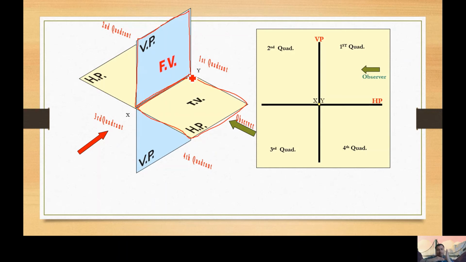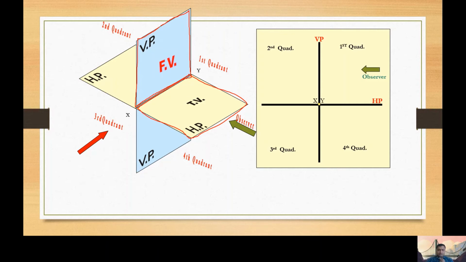But as far as drawing is concerned, we are drawing on a single plane, a sheet. So what is required is to rotate one plane, so as to convert these two planes which are at 90 degrees into a single plane, so that we can easily draw on our drawing sheet.